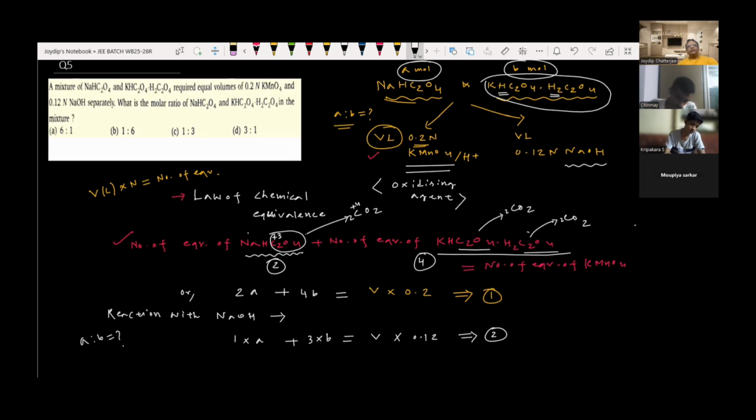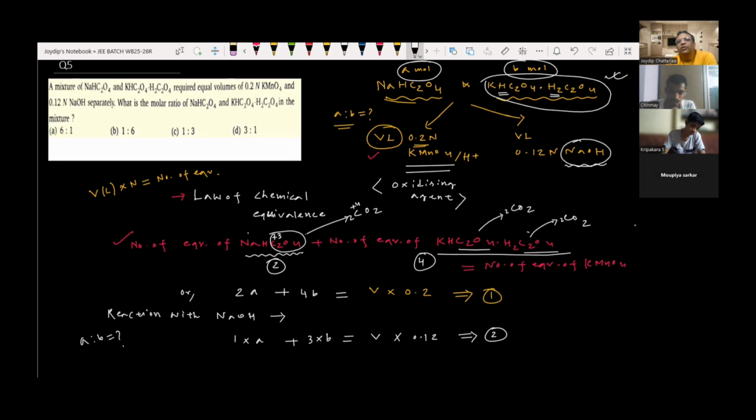Yes, sir. Can you explain the second equation? With NaOH, the reaction will be an acid-base neutralization reaction. So we have to consider how many acidic hydrogens are there in this compound.